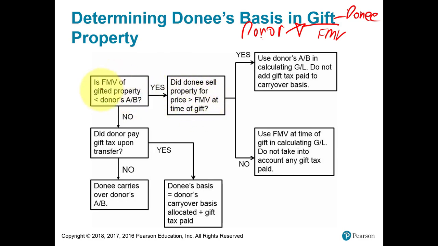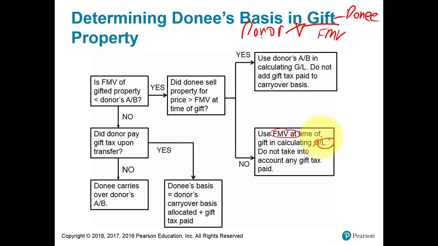It went down in value, and went down in value some more, so we're going to go over here. So you're going to have a loss. The question now is, what is the basis you're going to use for that loss? Here it says to use the value at the time of the gift in calculating that loss.